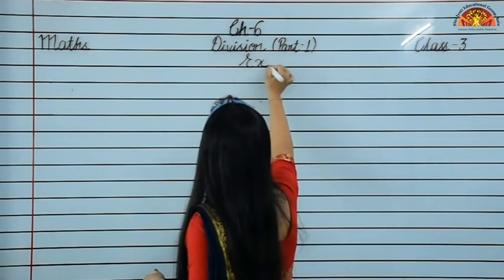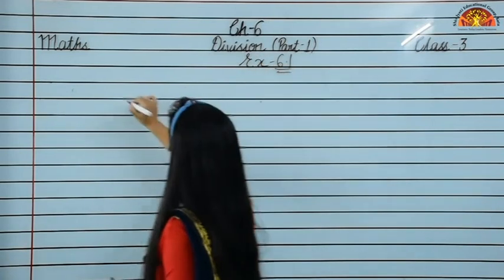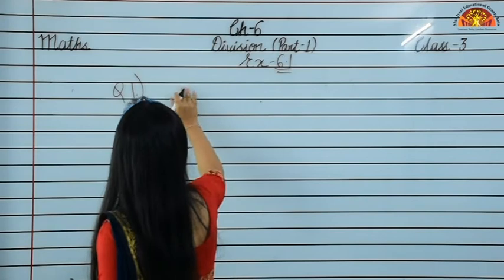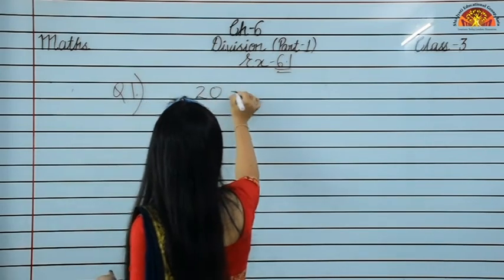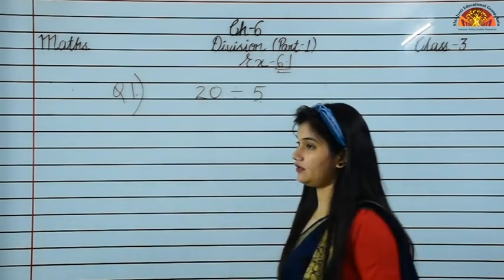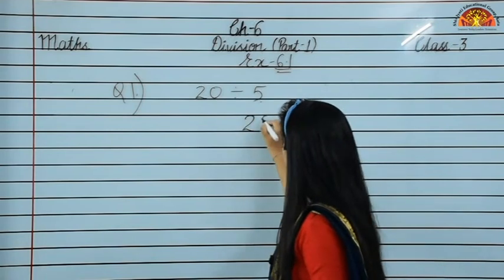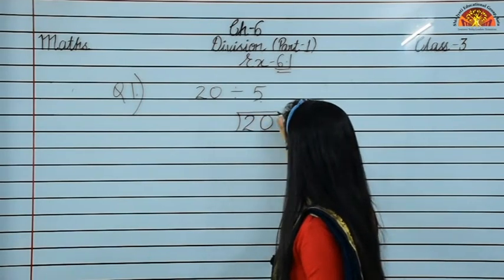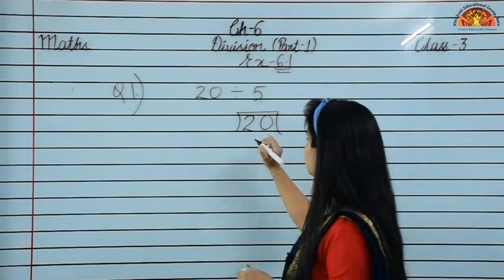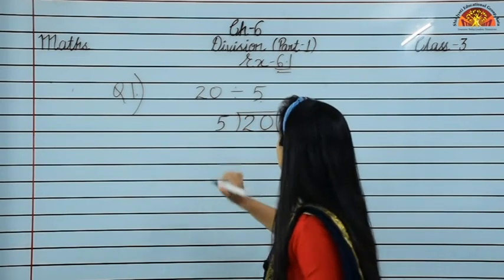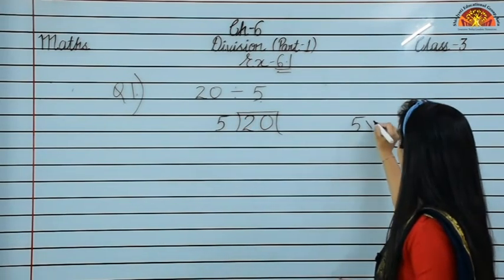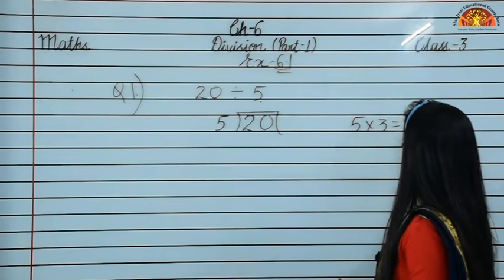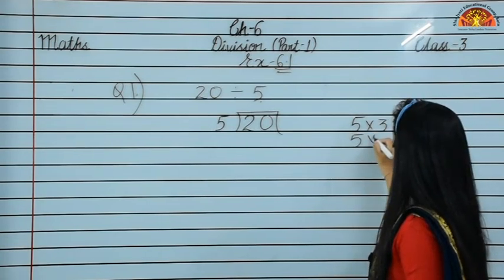Exercise 6.1, question number 1. 20 divided by 5. So first of all we have to write 20 here because this is the dividend, and now we are dividing this 20 by 5. So students, as you know, 5 3s are 15 and 5 4s are 20.